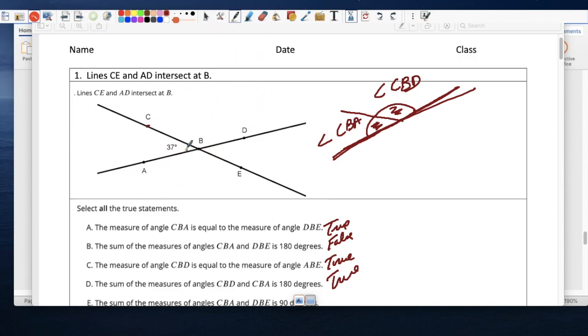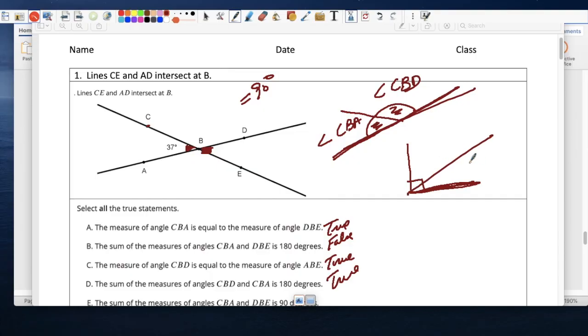The sum of the measure of the angles CBA, which is this guy right here. Angle CBA, look at the vertex. And angle DBE, its opposite on the other side, equals 90 degrees. Absolutely not. They're not complementary angles, right? Remember, for angles that add up to 90, first of all, you have to have a 90 degree angle. Imagine this angle. Here's the symbol for 90 degrees. And then I cut that 90 degree angle into two parts.